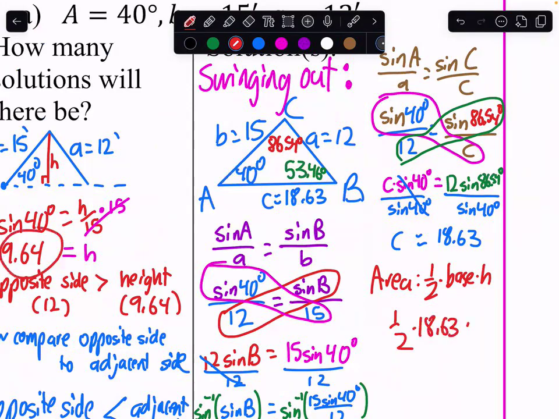The height we already found earlier was 9.64. So 1/2 times 18.63 times 9.64. Again, we'll just round to the second decimal place. I come up with 89.80, and it would be units squared.